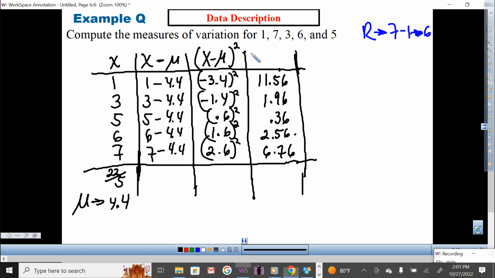Yeah, so we use the symbol sigma. And of course we write parentheses x minus mu squared.